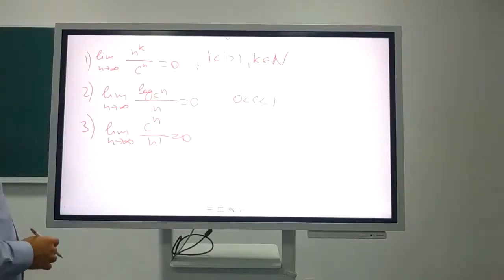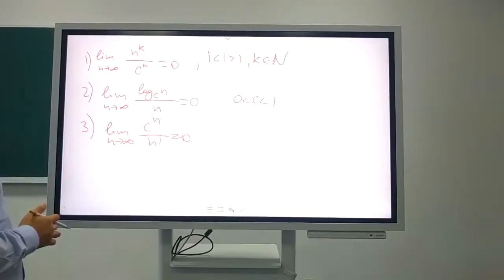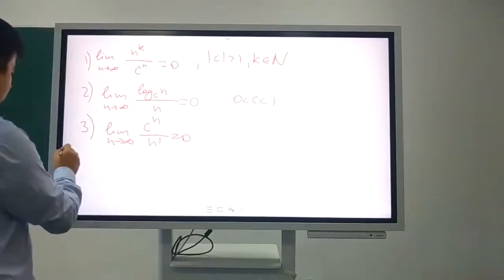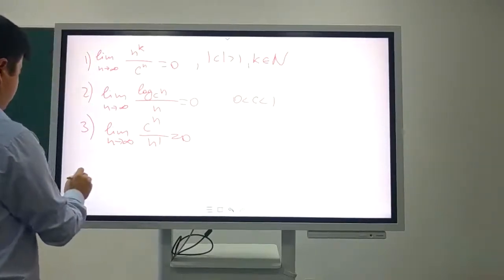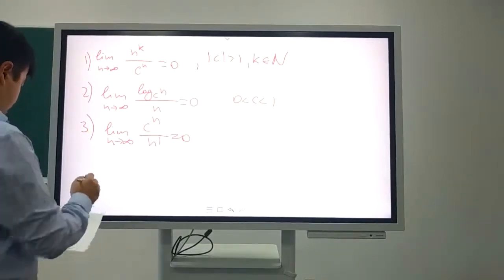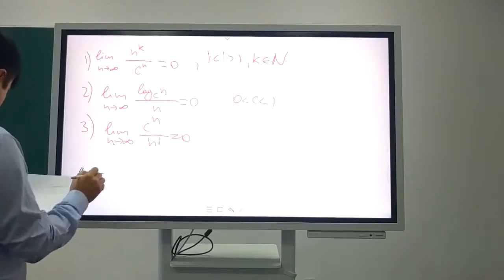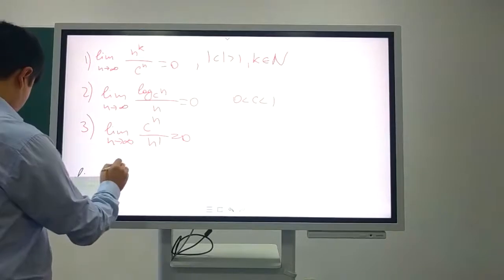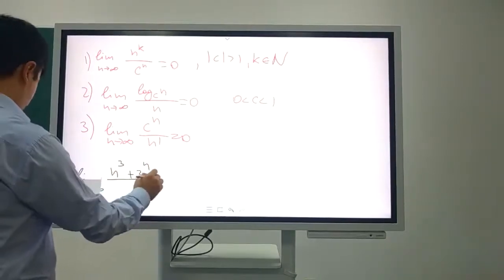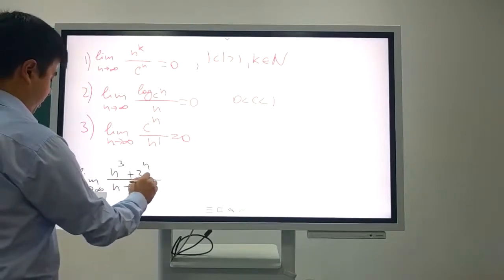Okay, now using these 3 types of limits of sequences, we will do the next example. So let's consider this one. The limit as n tends to infinity of n cubed plus 3 to the power of n over n plus 3 to the power of n plus 1.